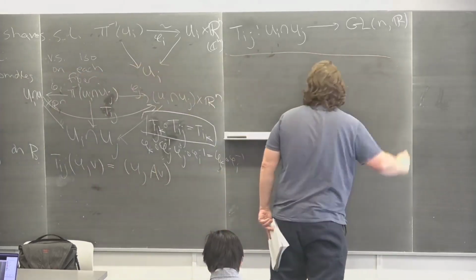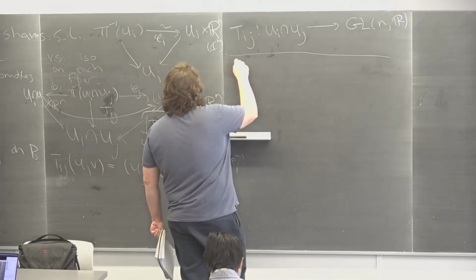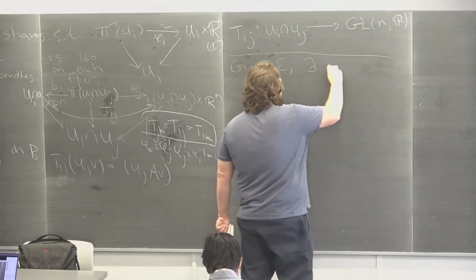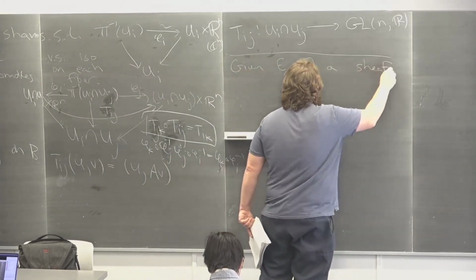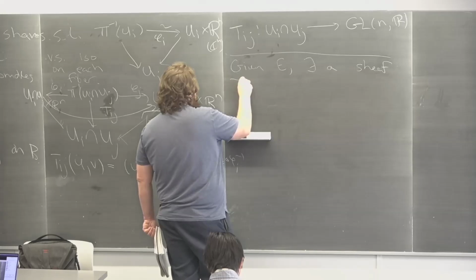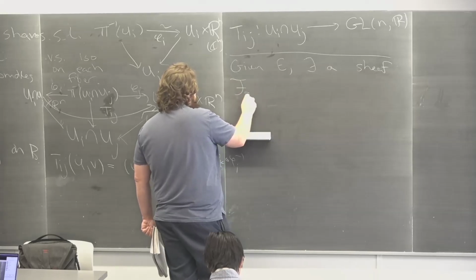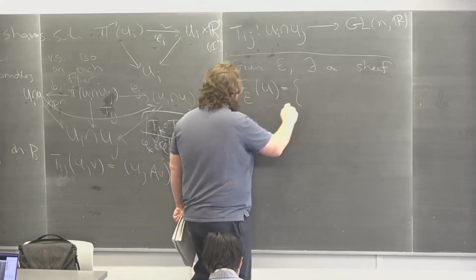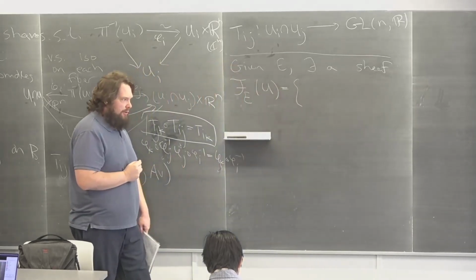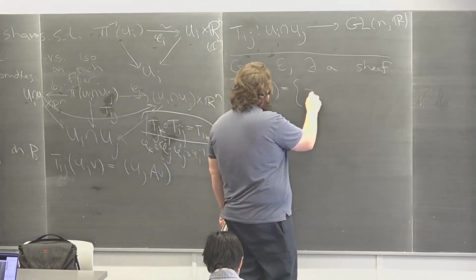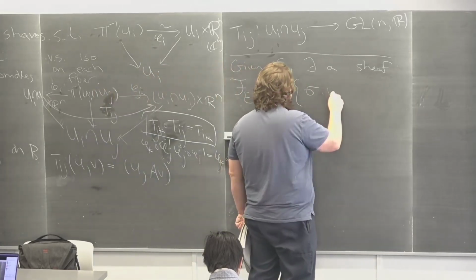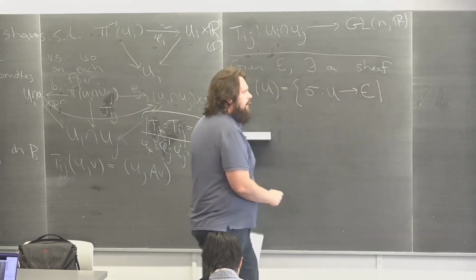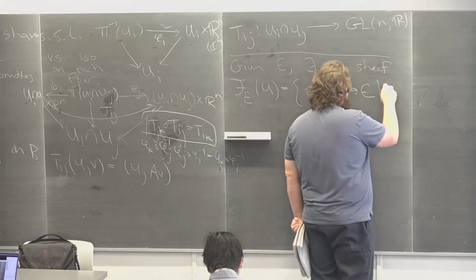I would say, given E, there exists a sheaf F sub E, where F sub E of U is the sections of E on U. Right, so it's maps from U into E such that when I compose with the projection, I get the identity.